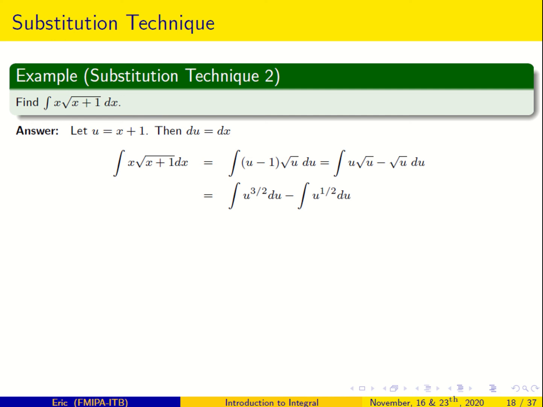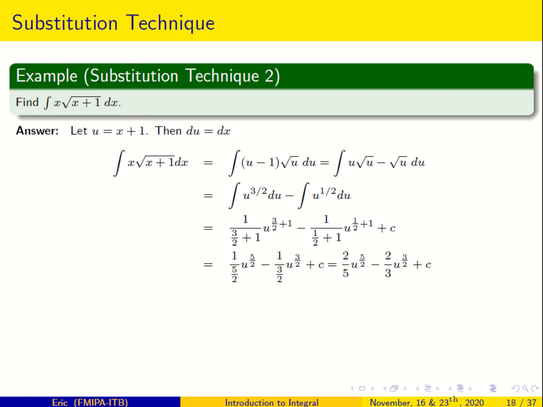What is the integral of this? 1 over 3/2 plus 1 times u to the 3/2 plus 1, minus 1 over 1/2 plus 1 times u to the 1/2 plus 1, plus a constant. I can simplify this. What is 1 over 5 over 2? This is 2 over 5. What is u? U is x plus 1, so x plus 1 to the 5 over 2. Minus 1 over 3 over 2 is 2 over 3, with u being x plus 1 to the power of 3 over 2.